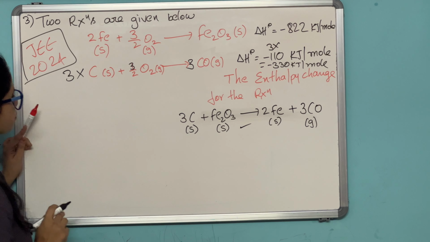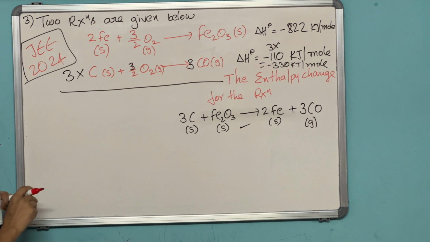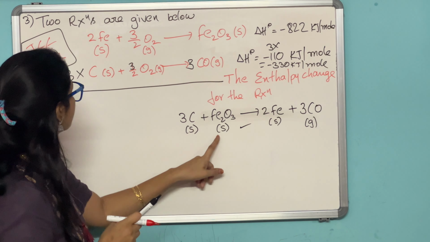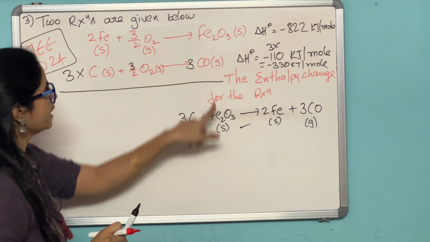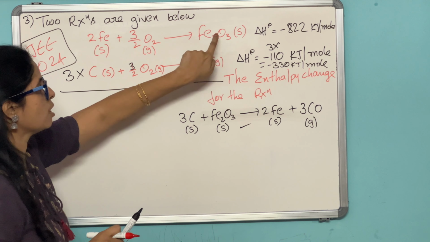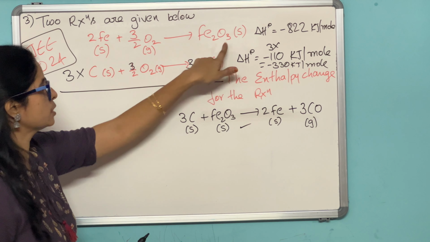Okay. Now look for the cancellations. So here what is this one? 3C plus Fe2O3. Here you have to do another one. You have to reverse this equation, because in the required equation Fe2O3 is on this side, but here Fe2O3 is on this side.